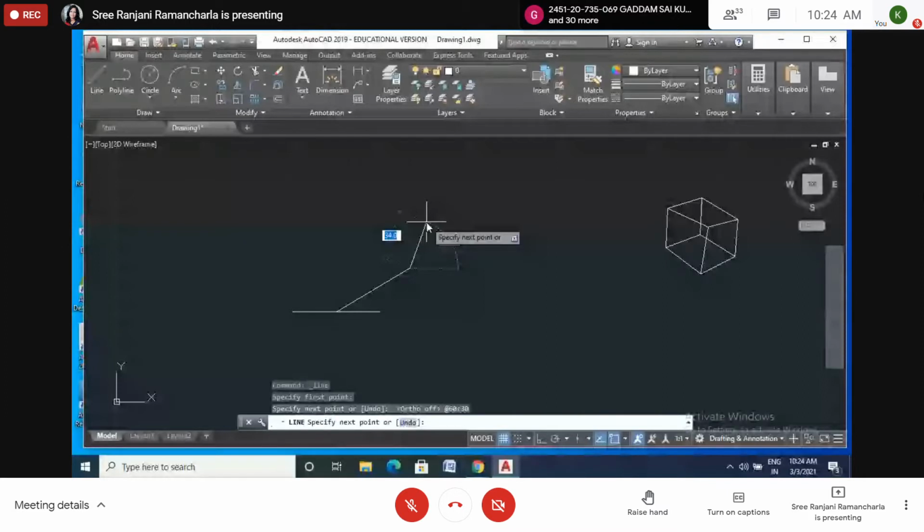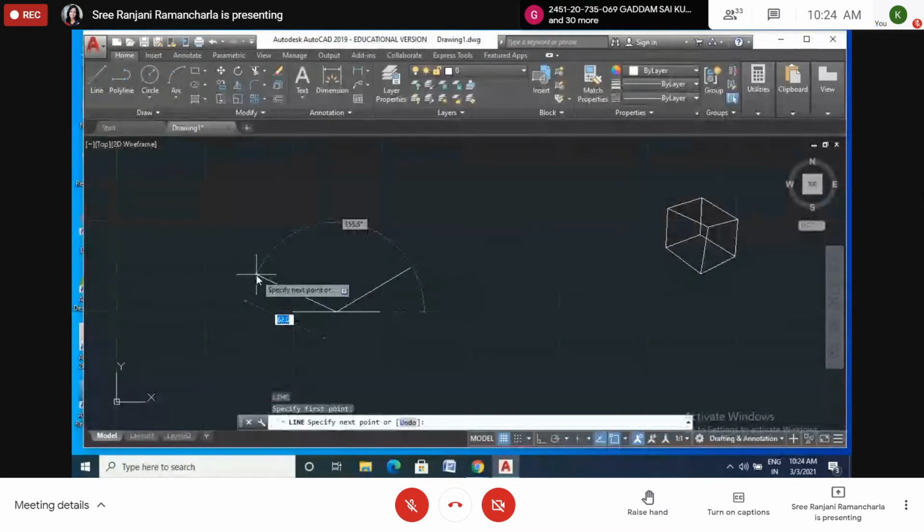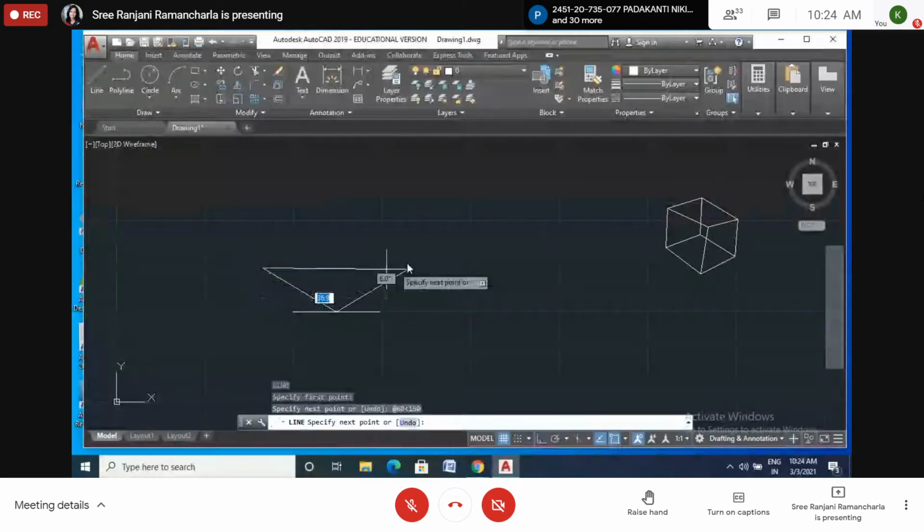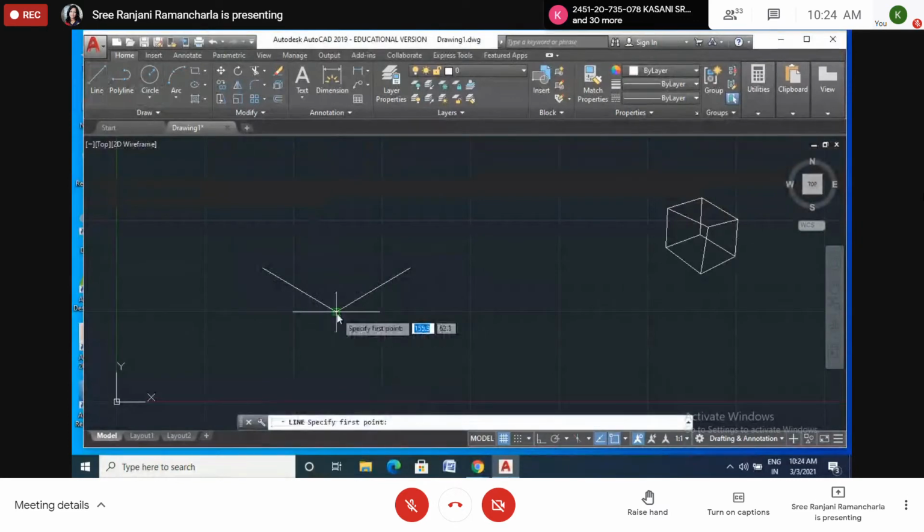If 30 degrees to the horizontal, it means 150. So @60<150, enter. Now here also I will directly draw one more line, 60 only.